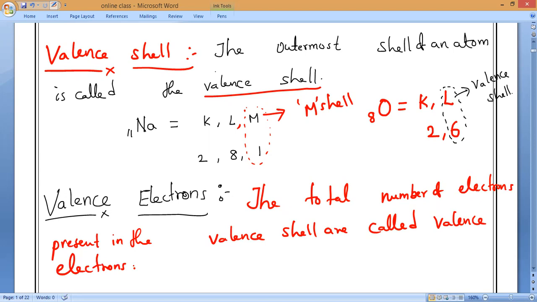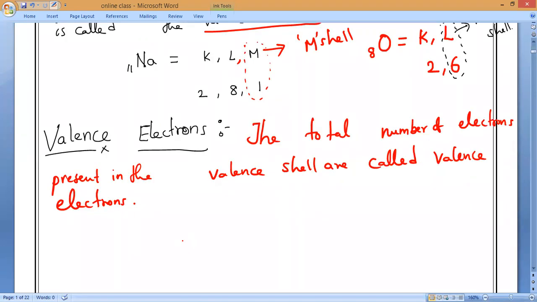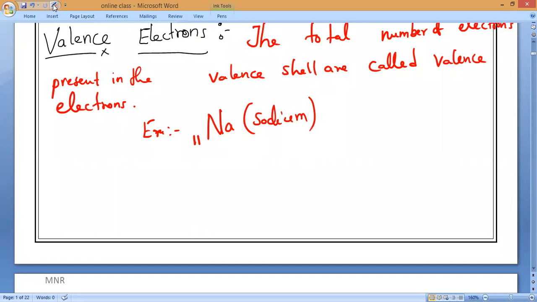Now, if I take sodium as an example, what are the valence electrons? What is the sodium symbol? Na, 11. What is the electronic configuration?